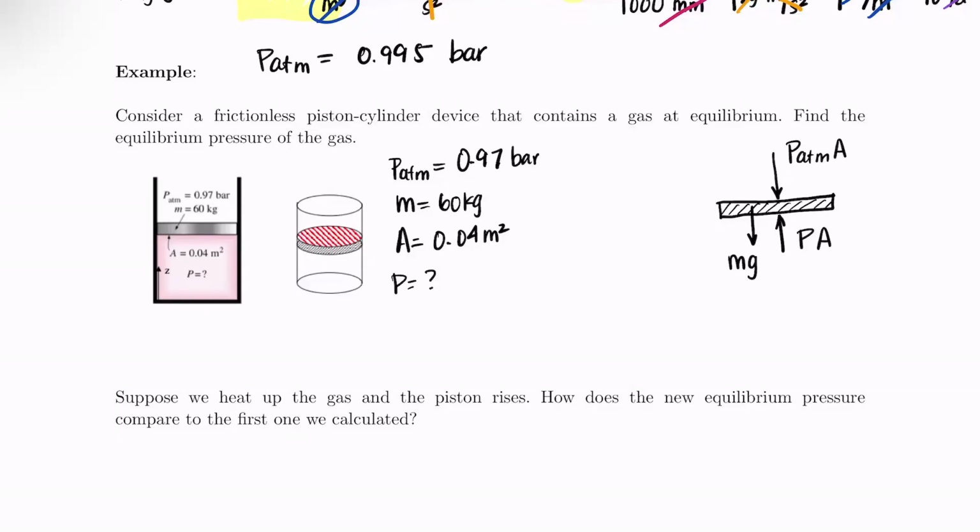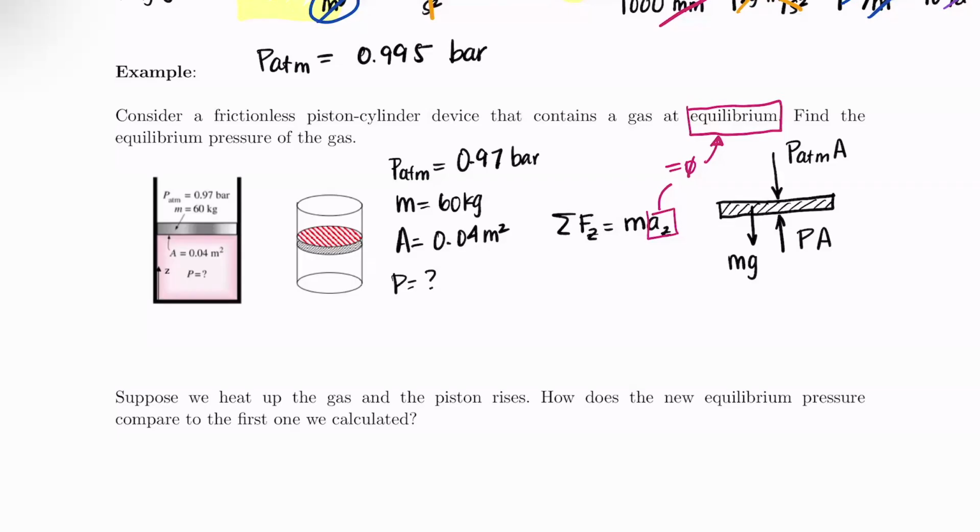So what we want to do is sum of the forces in the Z direction is equal to mass times acceleration in the Z direction of our body. But we are told in the problem that this system is at equilibrium. What does that mean about A? Yeah, so it's equal to 0 because it's in equilibrium.